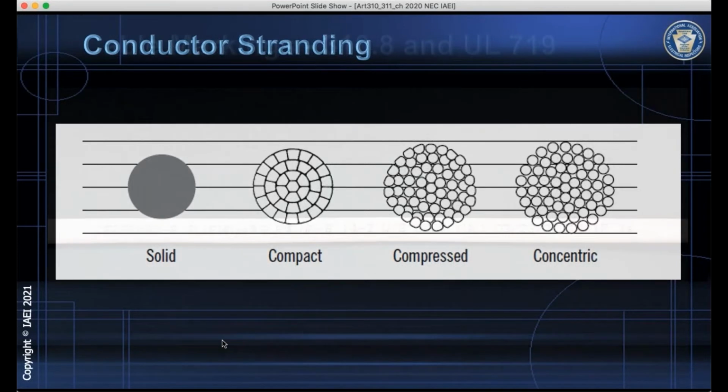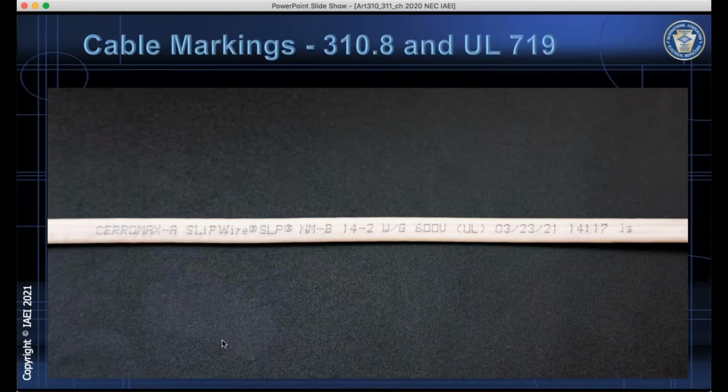Here is an example of the cable markings that we looked at in 310.8. Now this is non-metallic sheath cable, and so it's covered by UL 719. UL 719 has all of the product listing requirements for non-metallic sheath cable, and you'll see that we have a lot of those required markings.